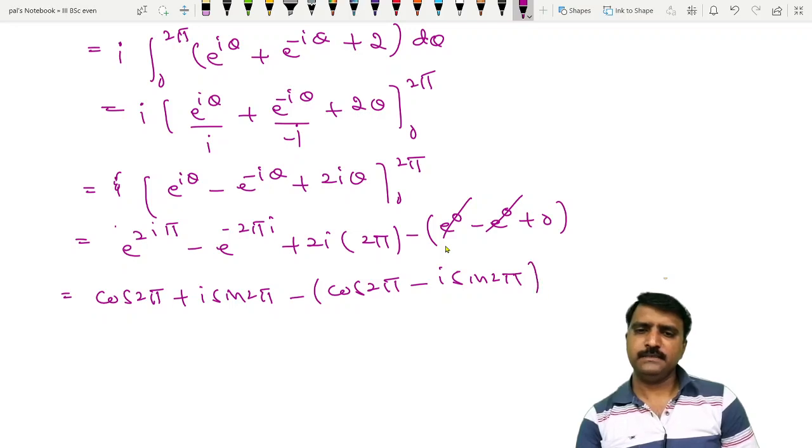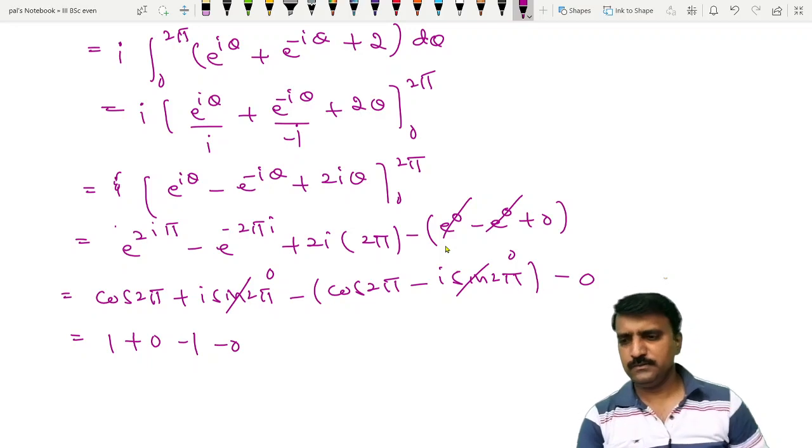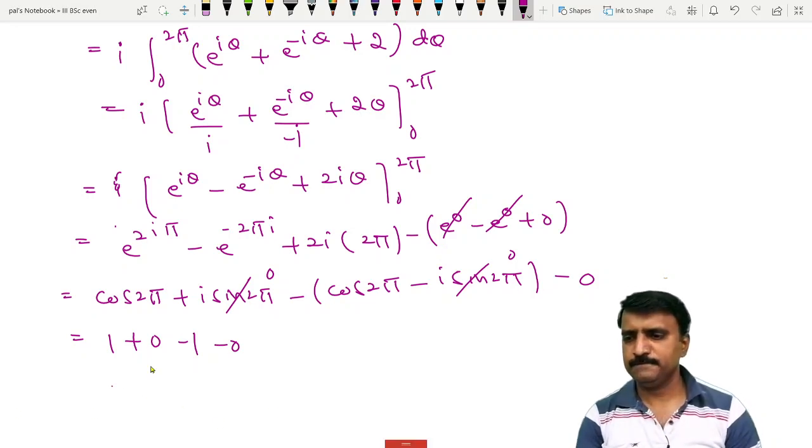So minus 0, which is equal to cos 2 pi is 1, plus this is 0, this is 0, and this is again cos 2 pi. Cos 2 pi is 1, so this is 0, minus 1.